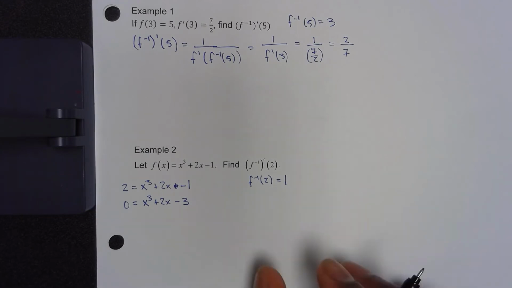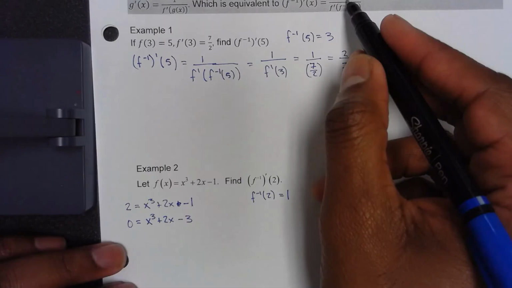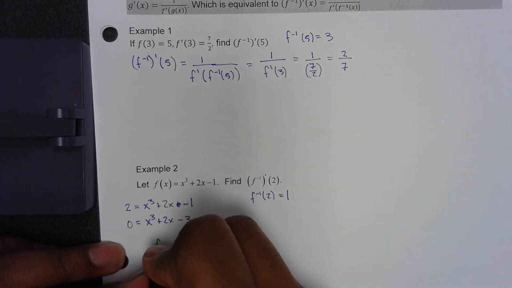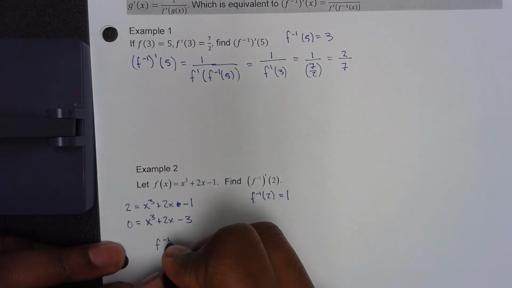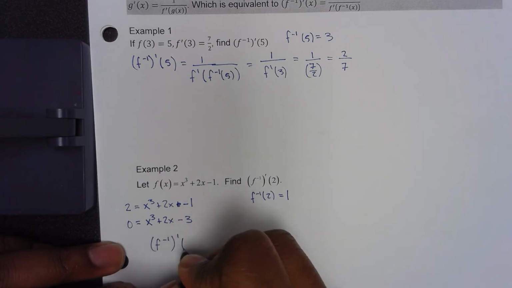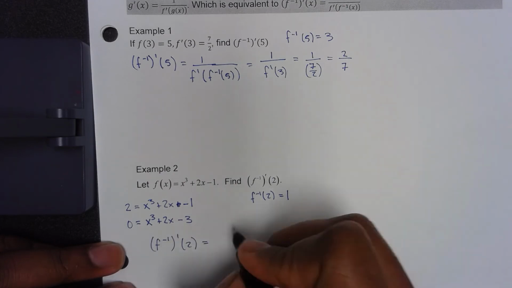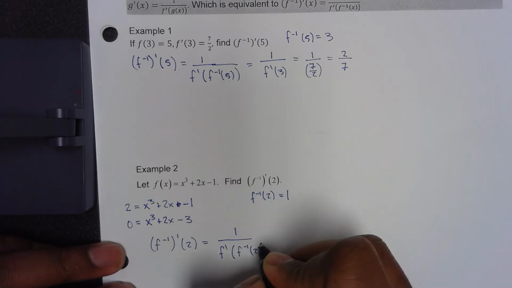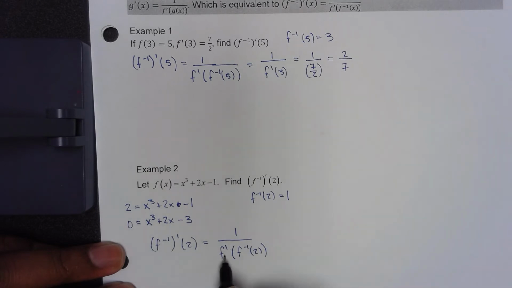Then what we're actually trying to calculate, if we go back to our original definition, we'll have f inverse prime of 2 equals 1 over f prime of f inverse of 2. Now, we also need the derivative.